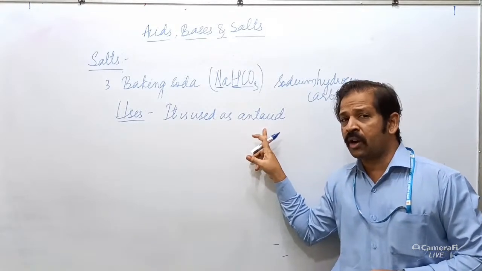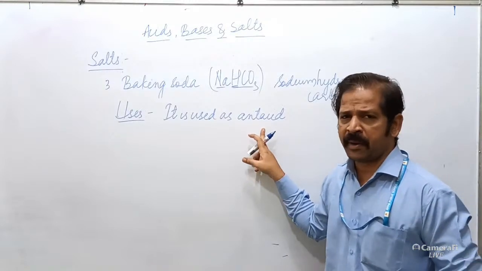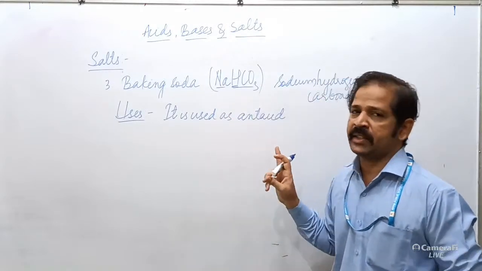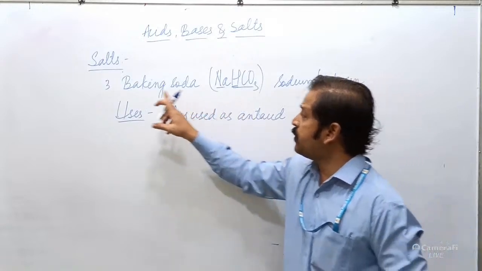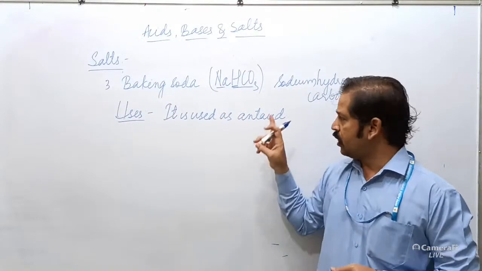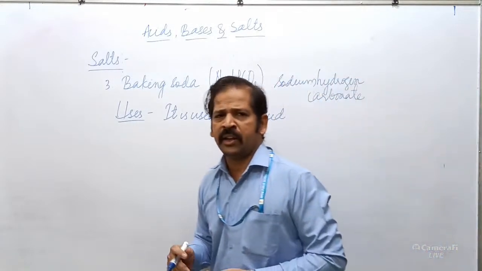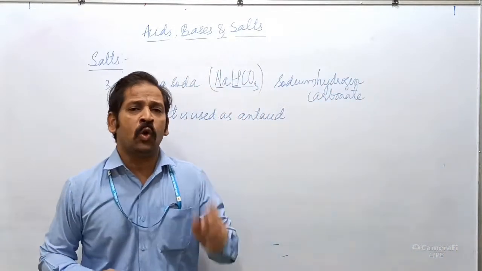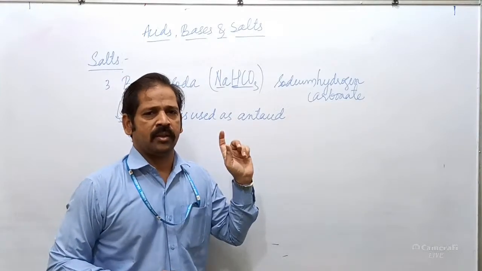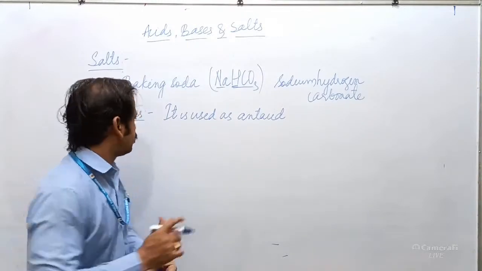There was a chemical called magnesium hydroxide, a base, that is used as an antacid. Now, baking soda is also used as an antacid. It releases you from acidity. Usually people go for Eno, which contains the chemical sodium bicarbonate. Yes, used as an antacid.